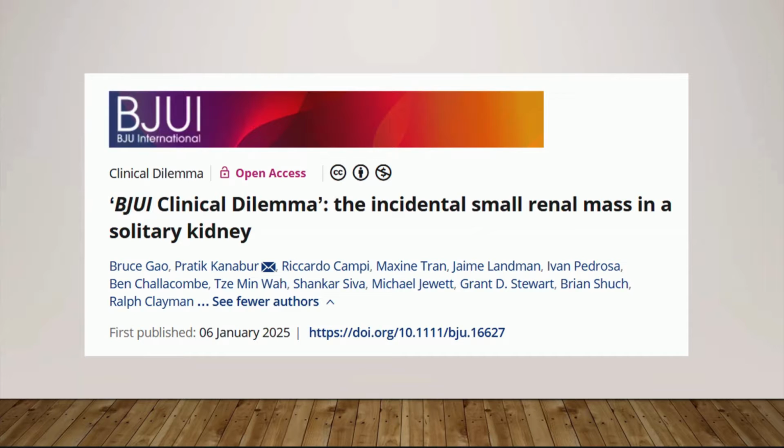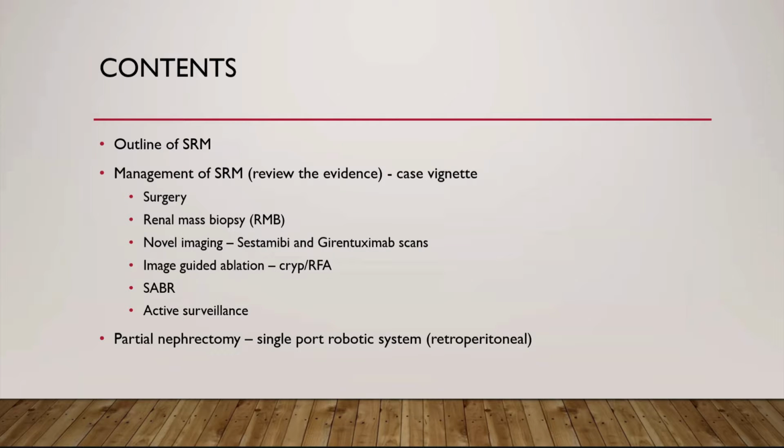So like I said, the first half of the presentation is going to be to quickly outline small renal masses and then move straight onto the case and discuss management. So we'll discuss surgery, spend the most amount of time on the renal mass biopsies, quickly discuss some novel imaging techniques, sestamibi and girentuximab scans, a slide on ablation, a slide or two on SABR, and a slide on active surveillance.